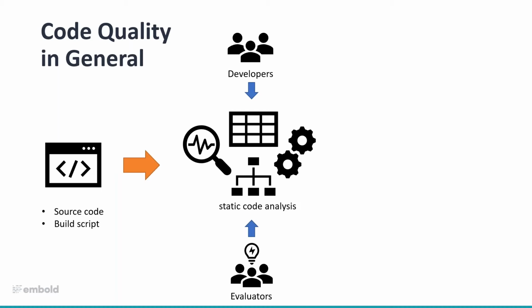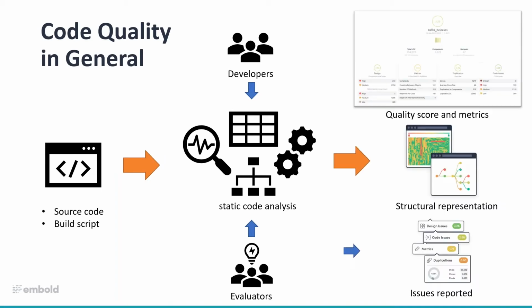From there it will give a nice output, a nice result. It depends on how the static code analysis tool interprets the data it gets from the static analysis. So it can present a quality score, or it can present only the metrics.